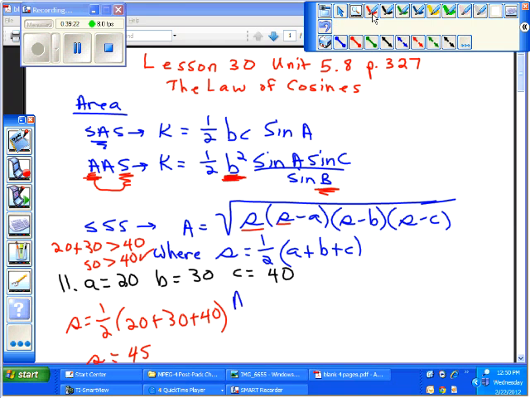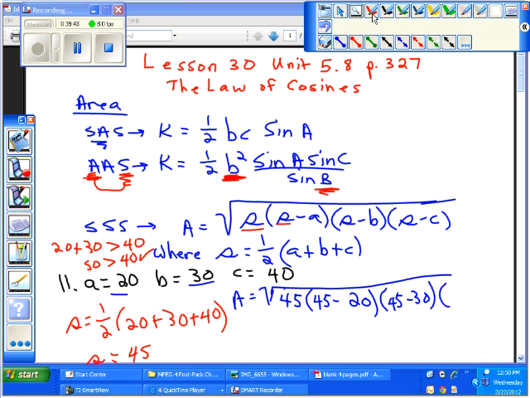So once we have that, we plug it into the formula. So we're going to have semi-perimeter 45 times semi-perimeter 45 minus the first side 20 times semi-perimeter 45 minus the second side 30 times semi-perimeter 45 minus the third side 40.